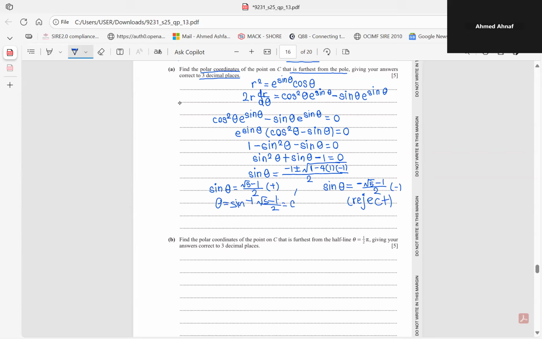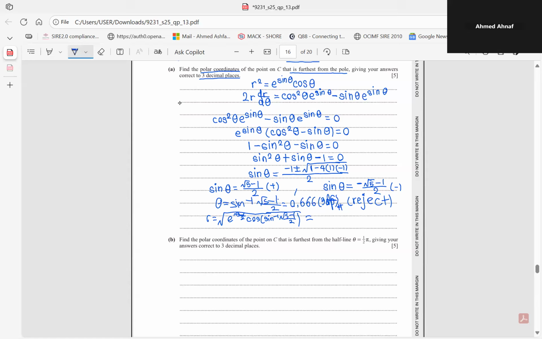So e to the power of square root 5 minus 1 over 2, times cosine of sine inverse of square root 5 minus 1 over 2. The square root of this would be 1.208 to 3 decimal places.